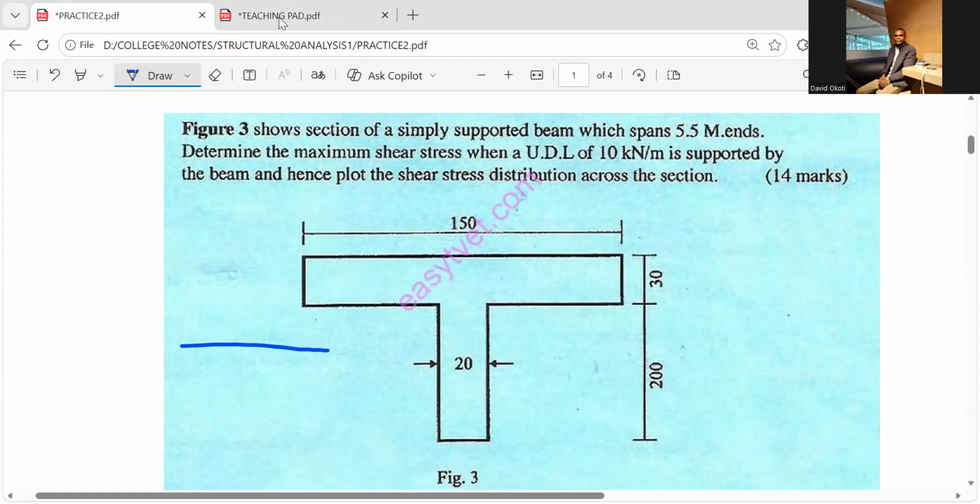So the value of x bar is at this point, which is 150 over 2, you get 75 millimeter. But our main axis is the horizontal because this is a beam. If the horizontal axis is my main concern, then I have to compute the value of y star. Y star is the position of the neutral axis from the bottom of my T section.